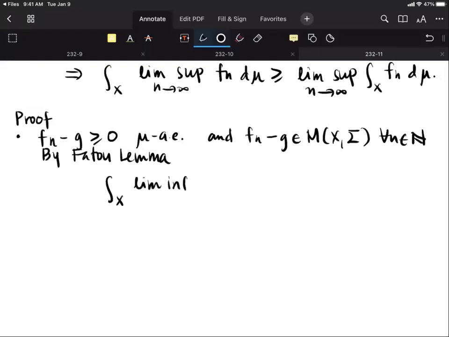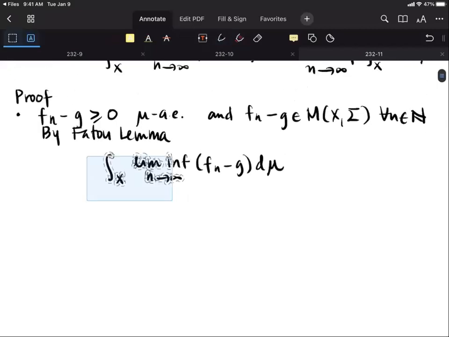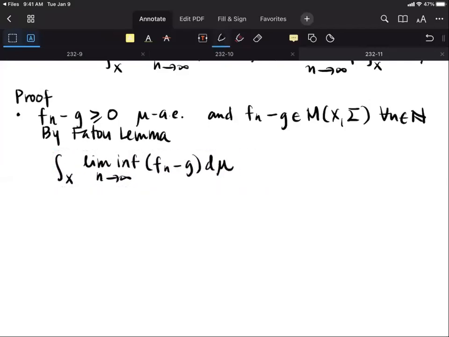So the integral of the limit inferior as n goes to infinity of f sub n minus g d mu is less or equal to the term when the limit inferior is pulled out.